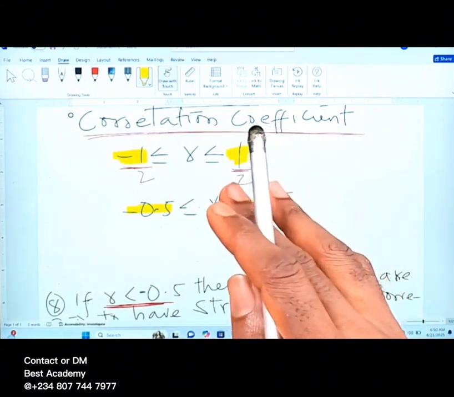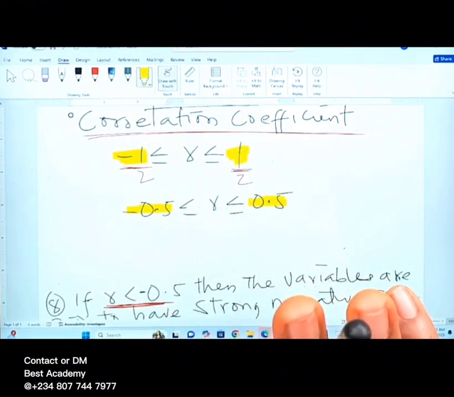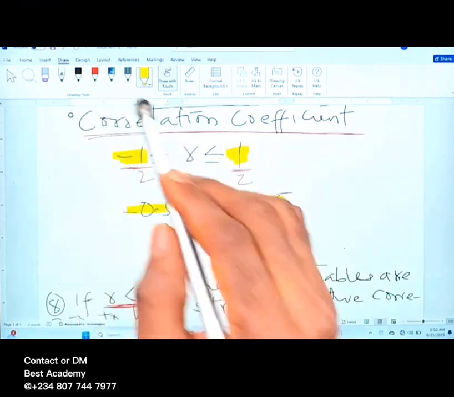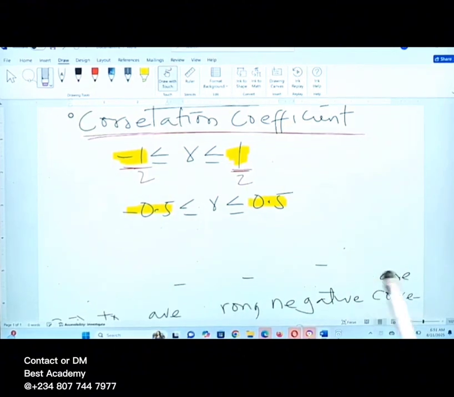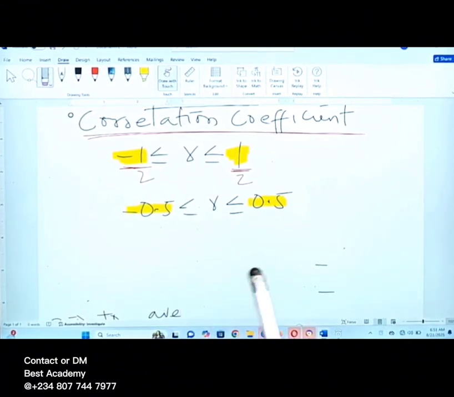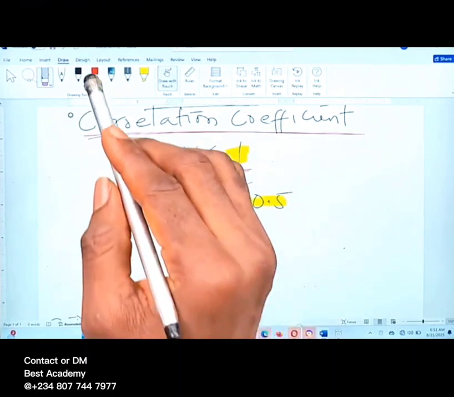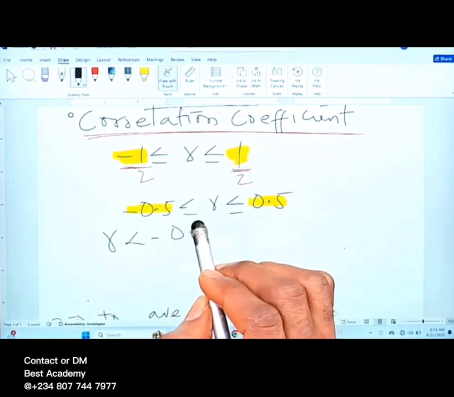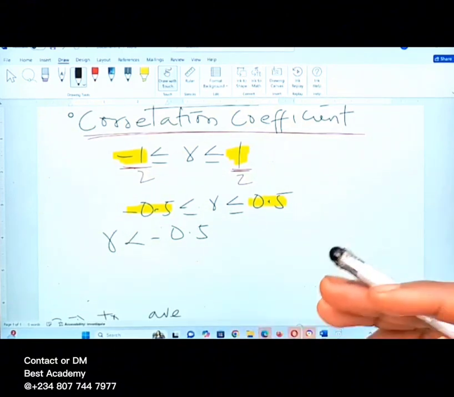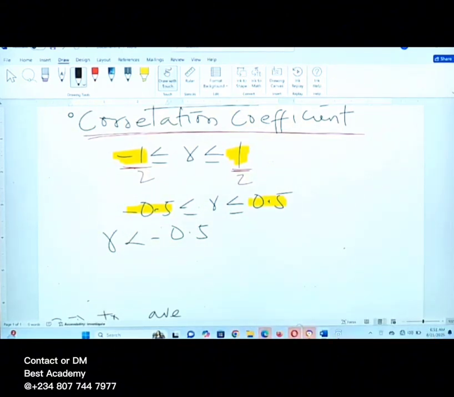Now, any value of R that is less than -0.5 should be strong negative correlation.